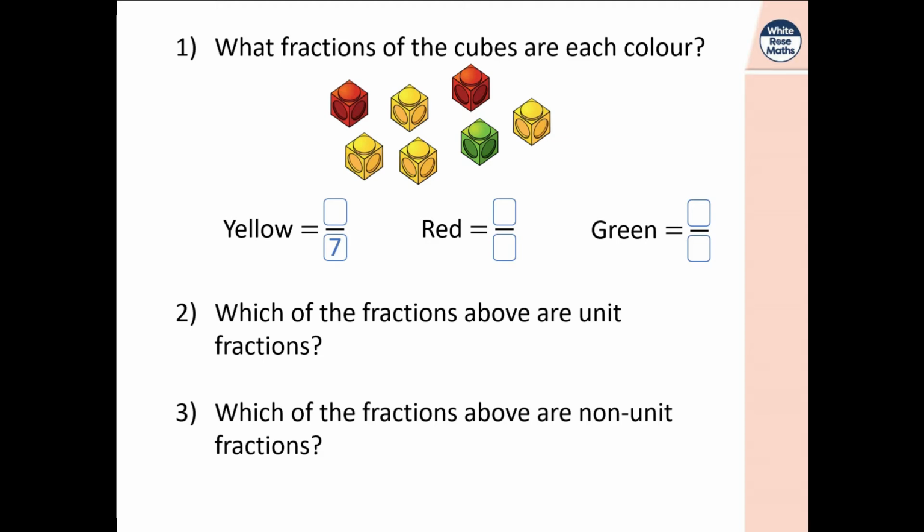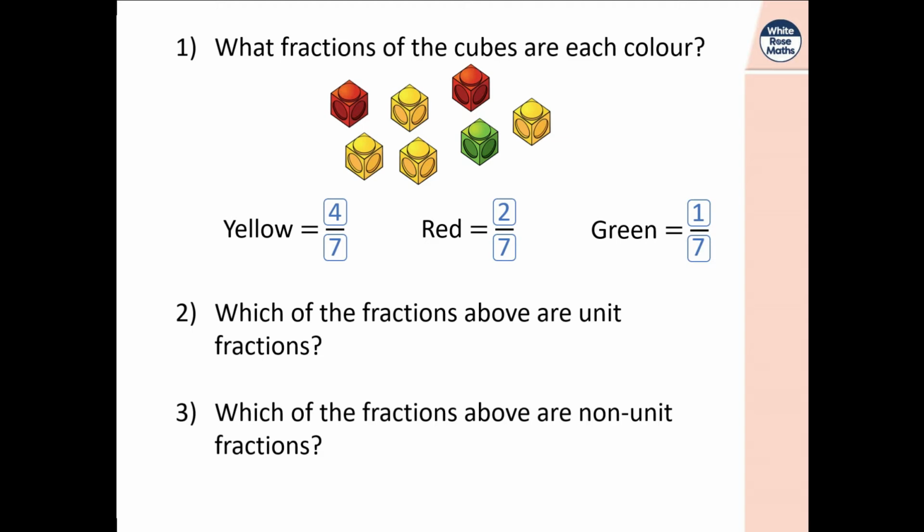How did you get on? There are 7 cubes, so the denominator is going to be 7. How many yellow are there? There are 4, 4/7. How many red are there? There are 2 cubes that are red, 2/7. 2 out of the 7. And then for the green, there's 1 cube, 1/7. 1 out of the 7 are green.